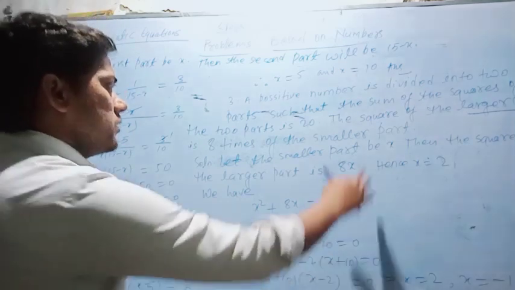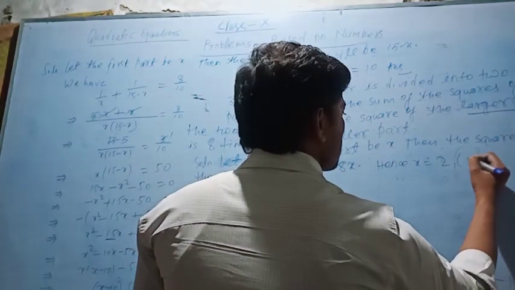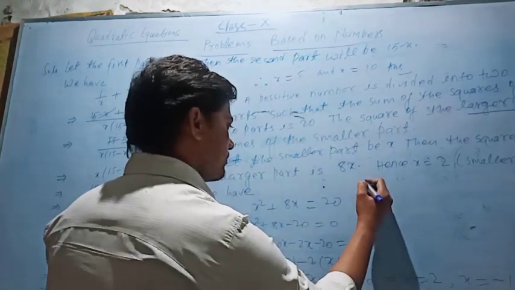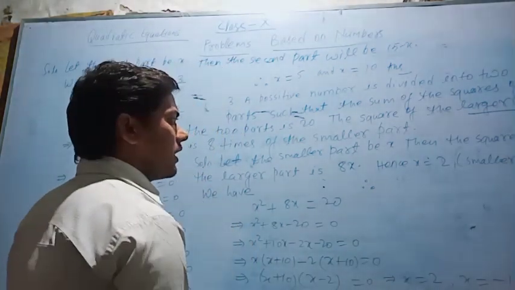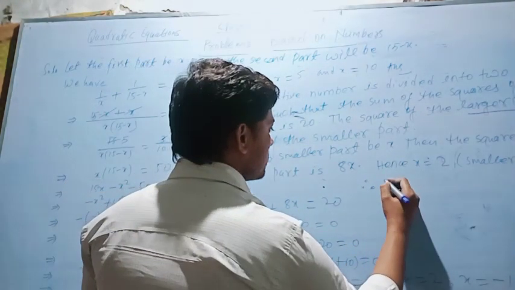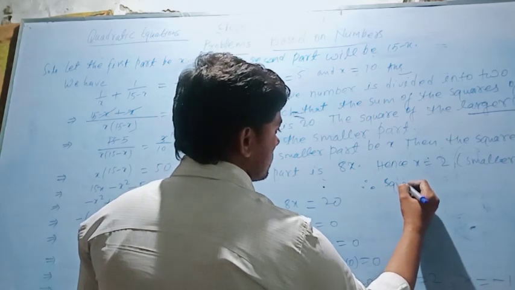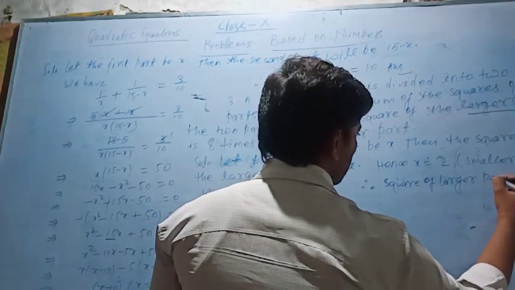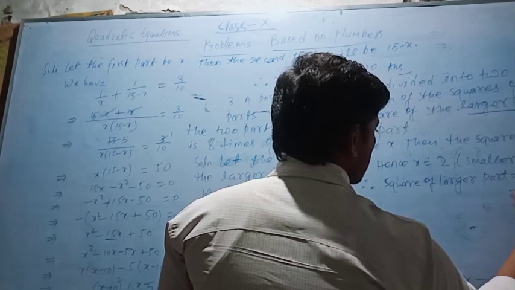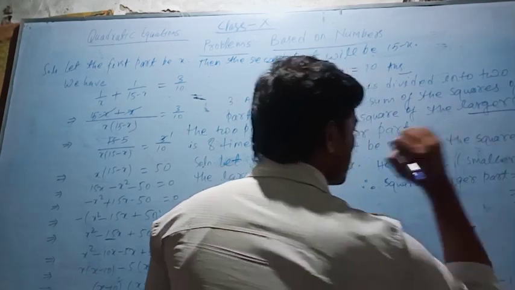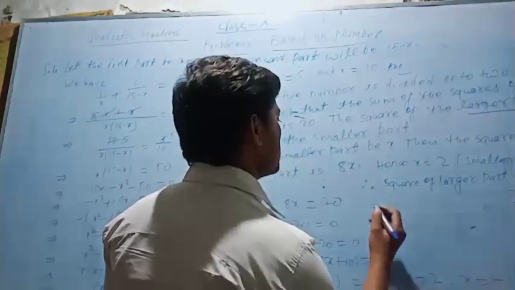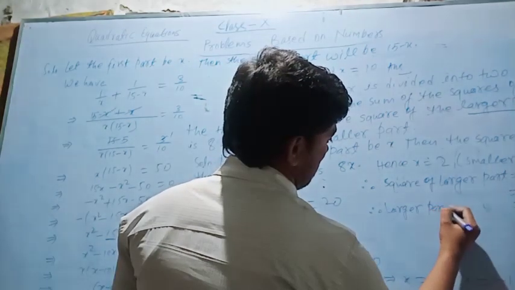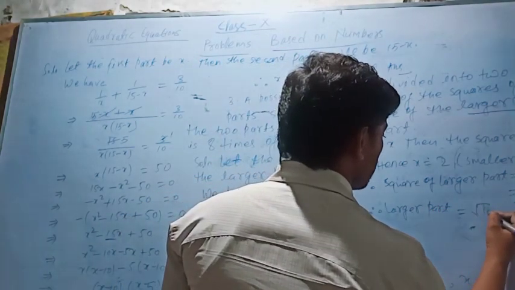It is the smaller part. Therefore, the square of the larger part is 8x, which means 8 into 2, 16. The square of the larger part is 16. Therefore, the larger part is equal to the square root of 16, which is 4.